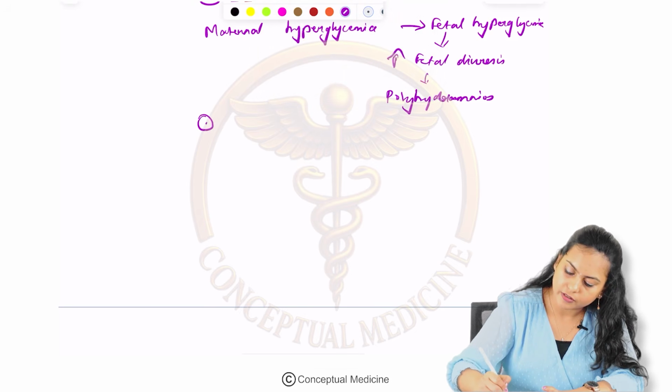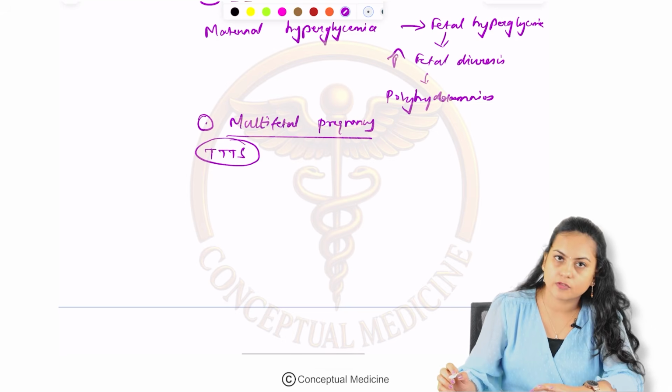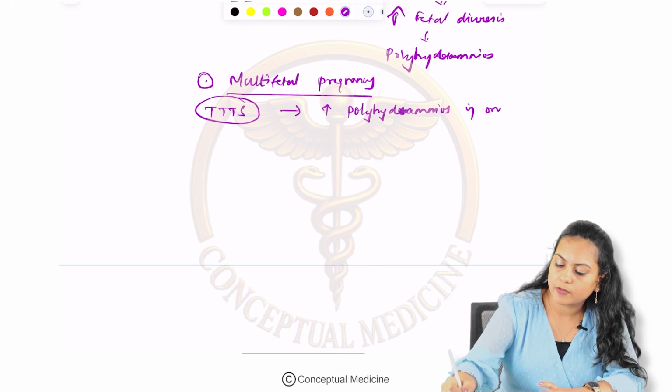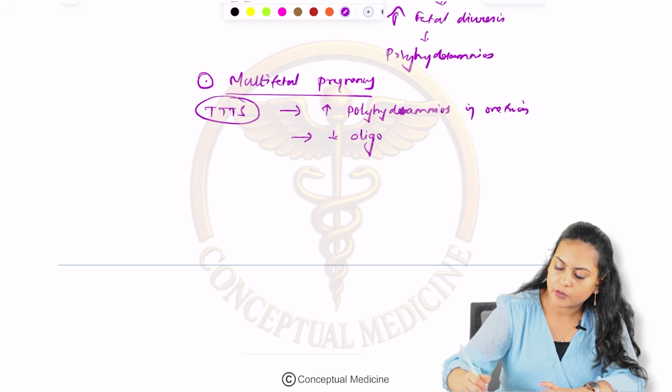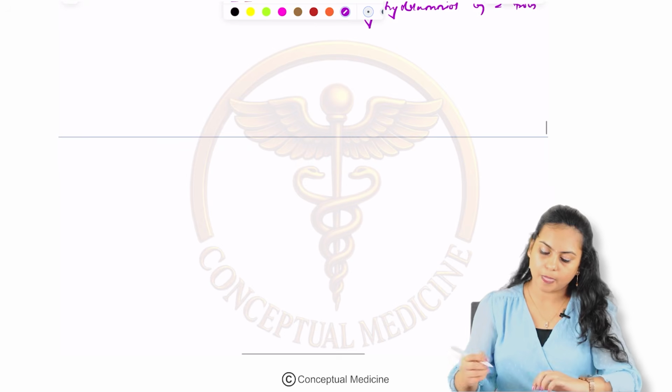Another condition is multifetal pregnancy. For example, if it is complicated with TTTS, which is twin-to-twin transfusion syndrome, it can lead to increased amount of amniotic fluid, which is polyhydramnios in one twin, and decreased amount of amniotic fluid, which is oligohydramnios in second twin. Okay.